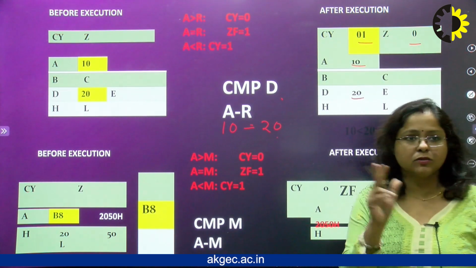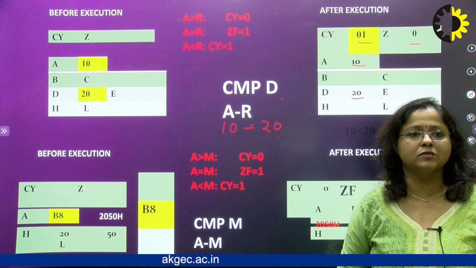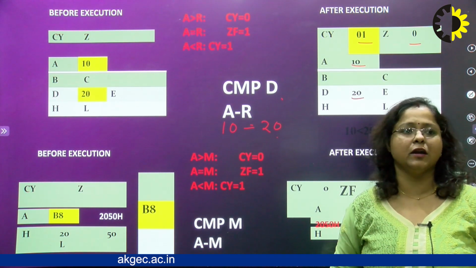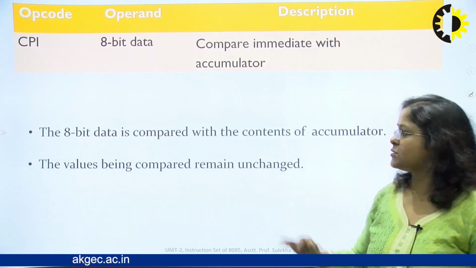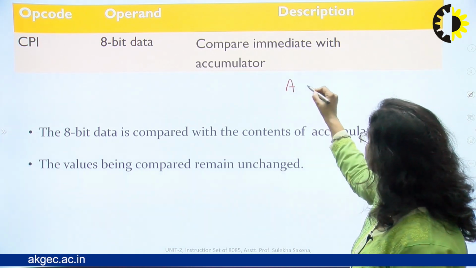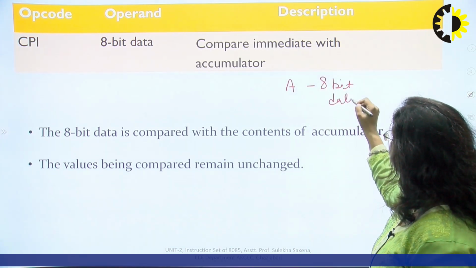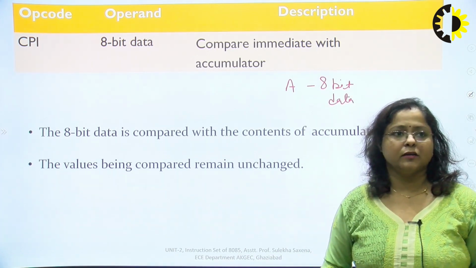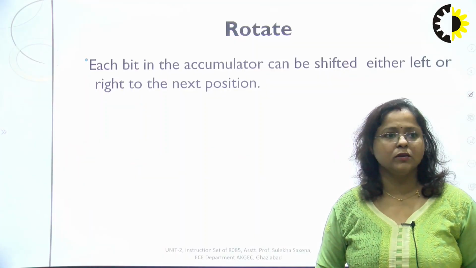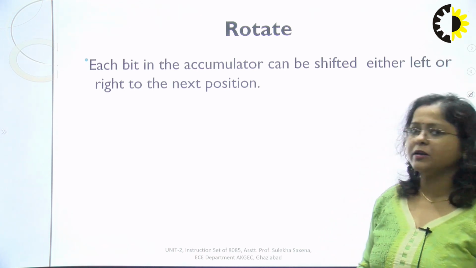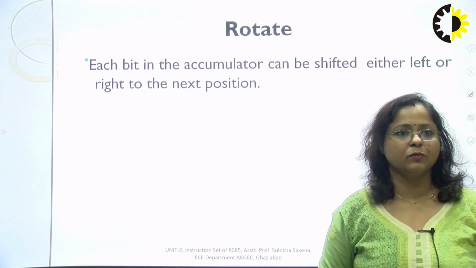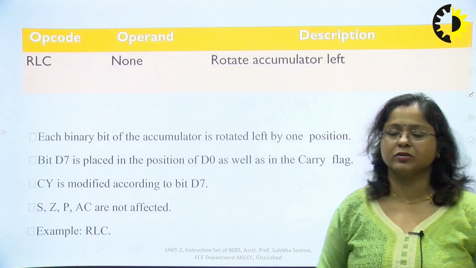So carry and zero flag are used to show the result, and the remaining flags will get modified. CPI will compare accumulator with 8-bit immediate data and do the analysis in similar fashion and update carry and zero flags only.